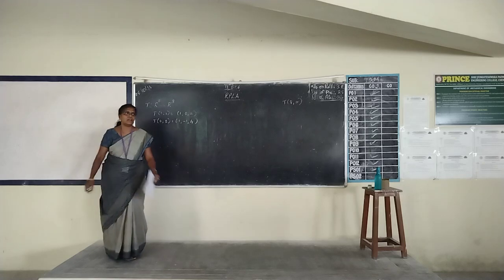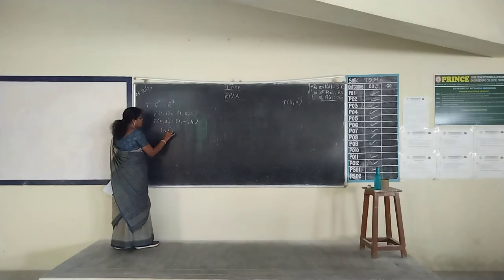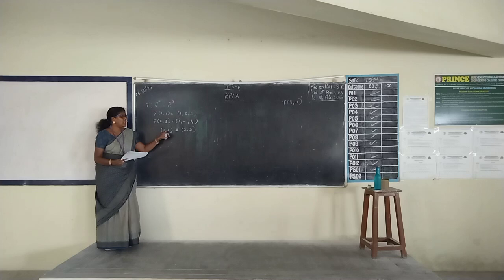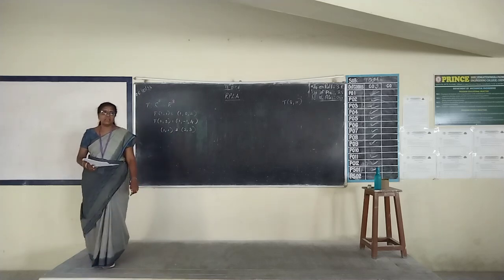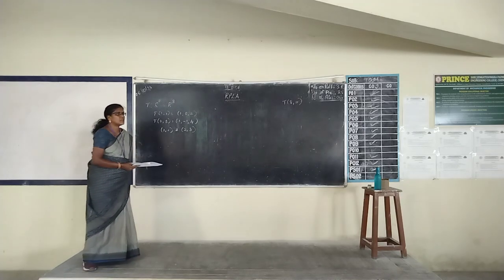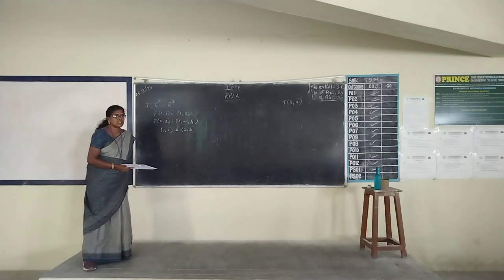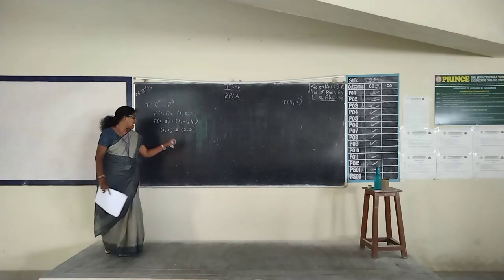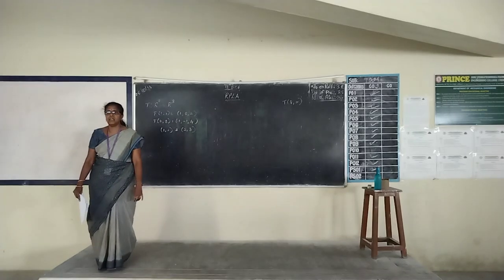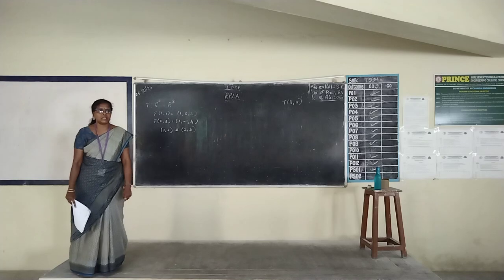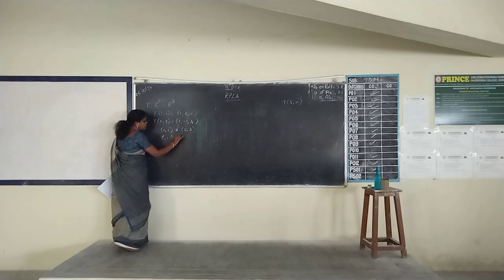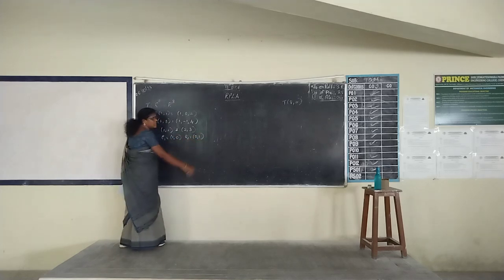Express the vectors (1, 1) and (2, 3), whatever vectors are given here in R square, as a linear combination of the standard basis e1 equal to (1, 0), e2 equal to (0, 1), the standard basis.